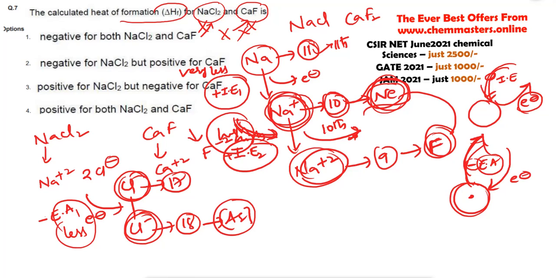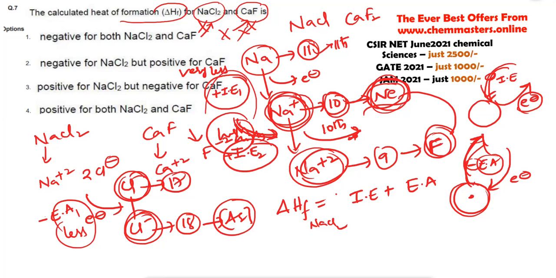Okay, right. Now, just here, the enthalpy of formation of NaCl2. Here we need to take the sum of the ionization energy plus the sum of the electron affinity of the ions which are going to make that particular ionic compound.